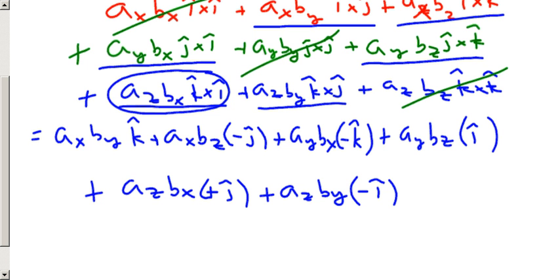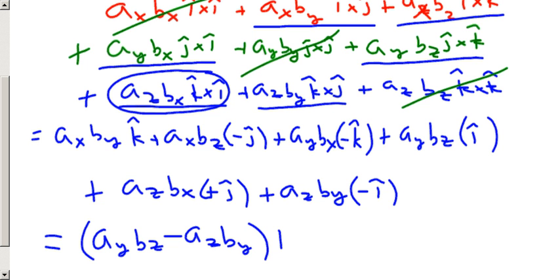So then we can collect all these terms, and what we get is AY BZ minus AZ BY I. So combining those and rewriting, instead of having negative I, just putting the negative out in front, because we know that adding vectors, adding a negative vector is the same as subtracting the vector.